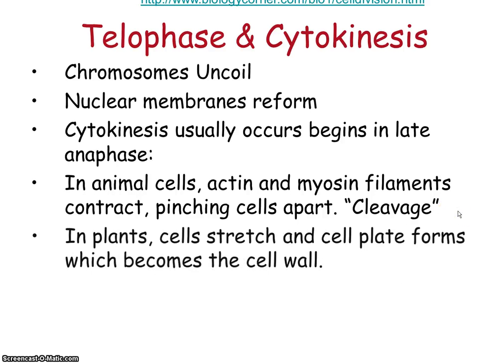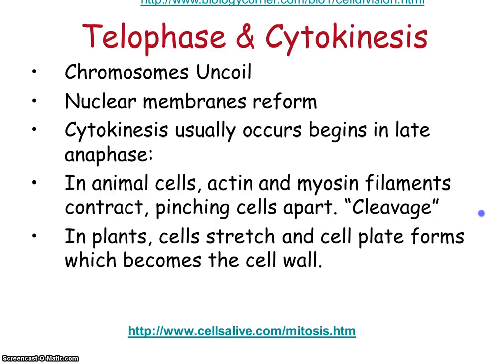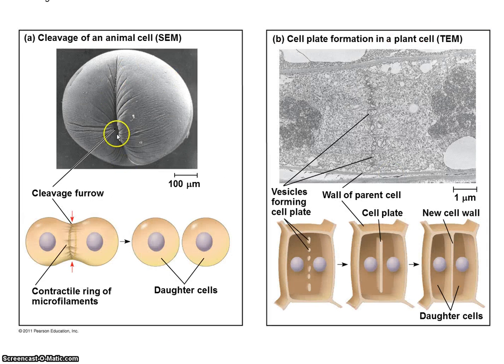But in plant cells, it's different. You get something called a cell plate that sort of forms down the middle, and that becomes a new cell wall. I have a diagram of it here. Here's cleavage on the left side in an animal cell. And on the right, there's a new cell plate forming in a plant cell.